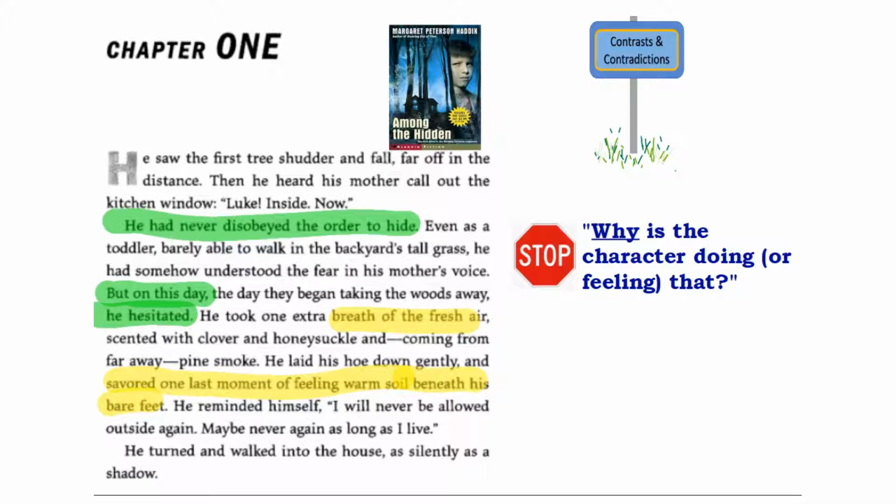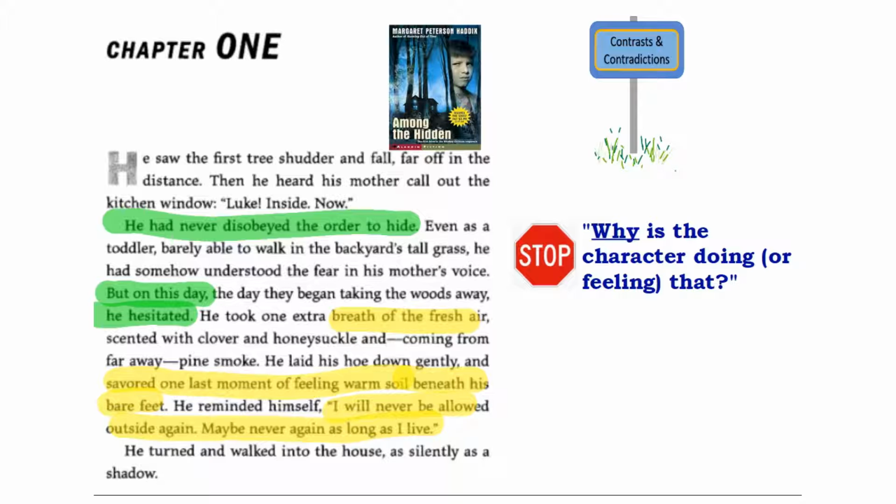But also, it seems like he says, I'll never be allowed outside again, maybe never again as long as I live. That's kind of crazy. I don't know what kind of place this is, but it seems like there's lots of rules, and if he's never going to be able to go outside, well, I would hesitate too. So there's sort of the specific reasons. It's a nice day, and he might never be outside again.